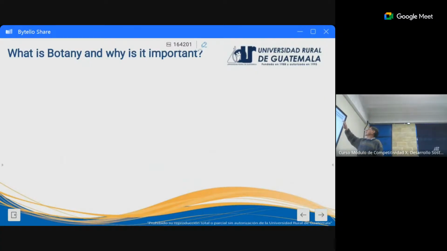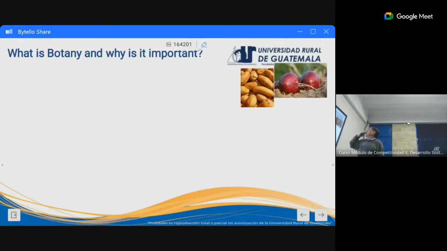Okay, botany is the scientific study of plants, their properties, their biochemical processes, and also their interactions to the environment and other aspects, other characteristics that we will be studying in detail.